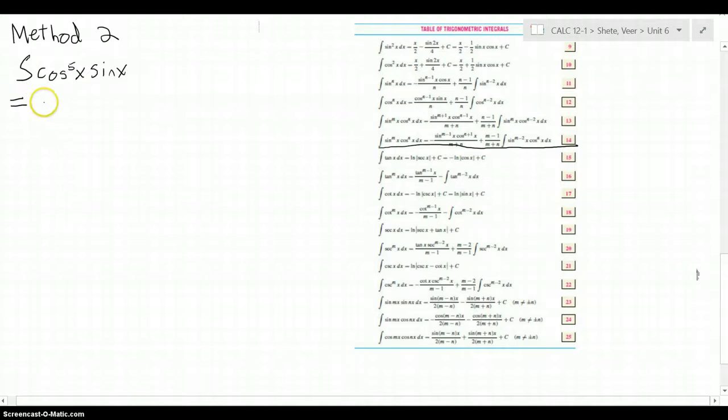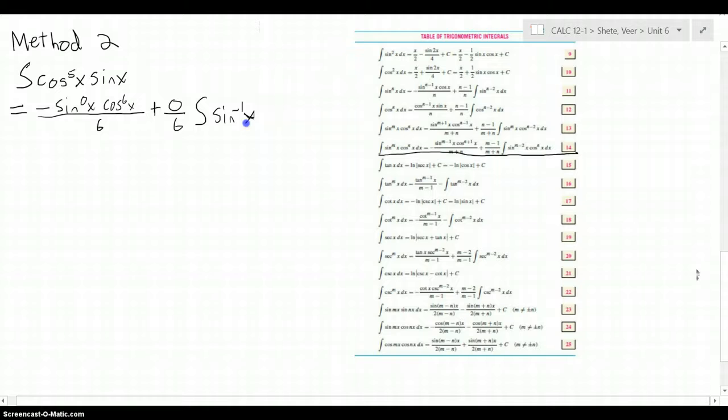So now if we use our reduction formulas, what we should get is negative sine to the 0x times cosine to the 6x all over 6 plus 0 over 6, as that is our m minus 1 over our m plus n, times the integral of sine to the negative 1x cosine to the 5x dx.